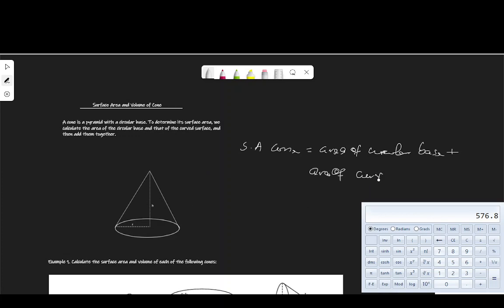We call it curved surface. And area of a circle we know is pi r squared.